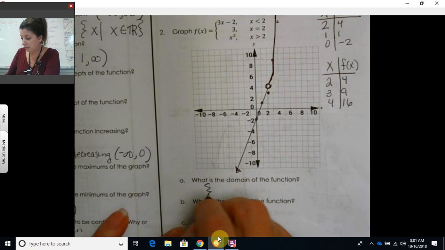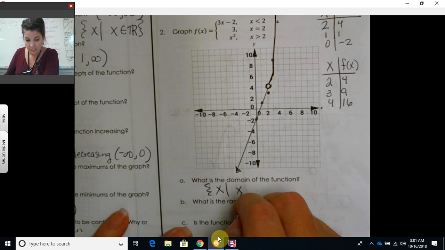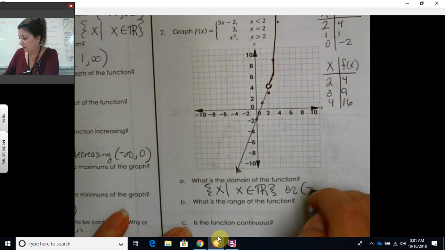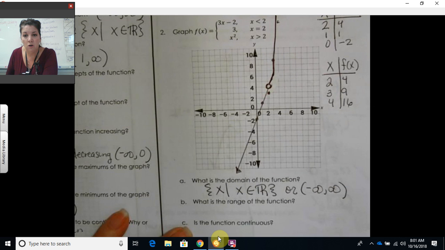So I'm going to say x such that x is an element of all real numbers. Or you could say negative infinity to positive infinity, or you could write out all real numbers, or just the symbol for all real numbers is fine.